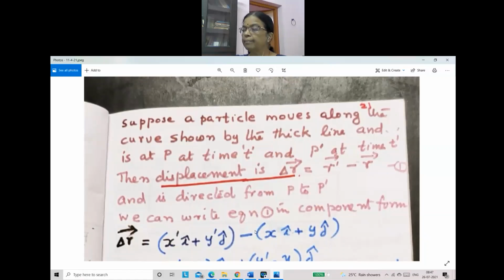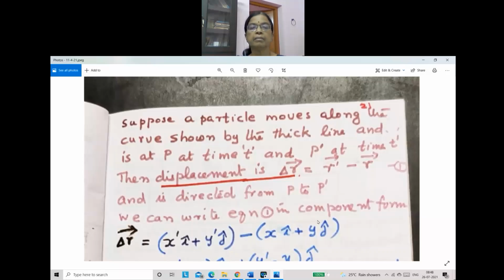I will ask Devatirtha. Devatirtha. Devatirtha is there. Gayatri is there. Gayatri. Yeah. Amal Krishna. Amal Krishna, how will you find vector delta R from this equation?